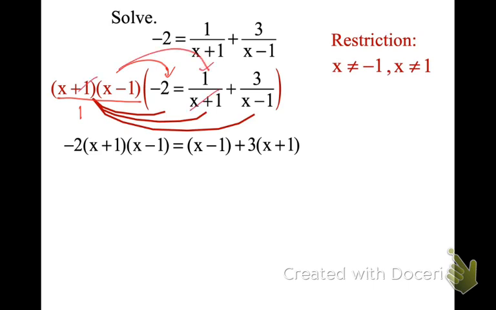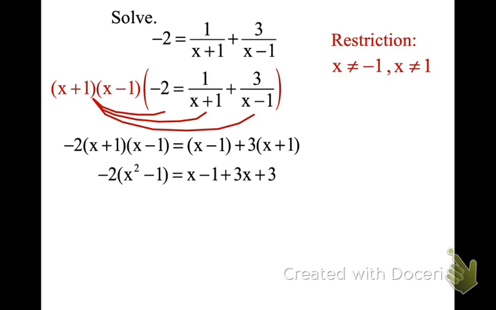And this cancels. Or when I distribute here, this and this cancel. Okay? I would likely multiply x plus 1, x minus 1, because that's the difference of squares. And then over on the right, I'm going to do 3x plus 3.